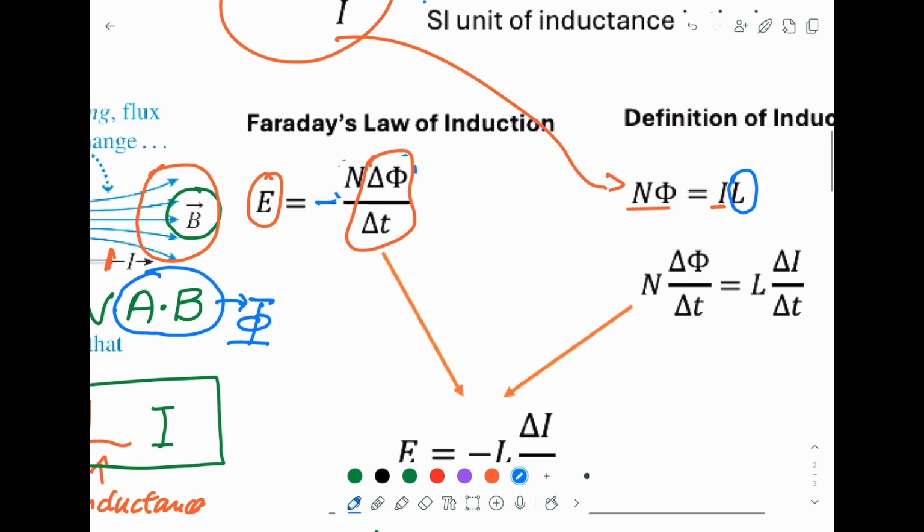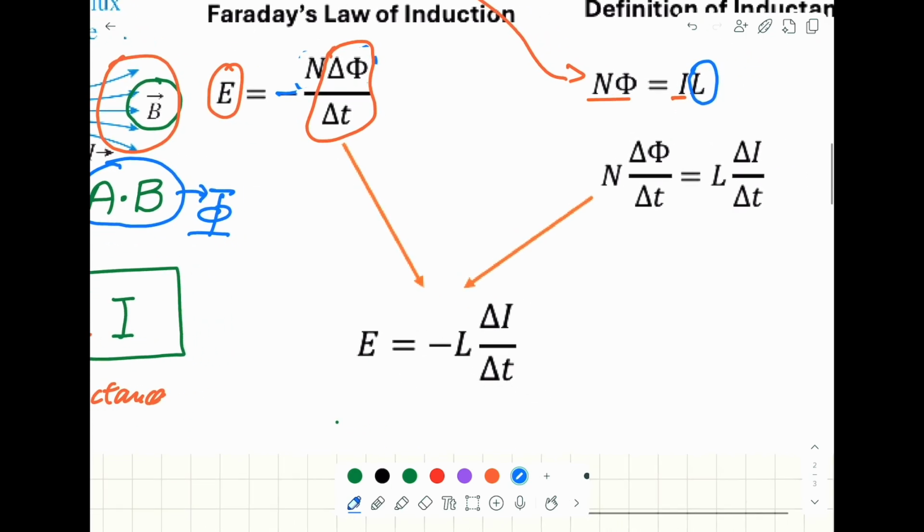Combine these two, and you will find if the current changes along the coil, you will have an EMF. This is measured in volts, and this one is measured in Henry. Okay, so the important thing is the change in current.